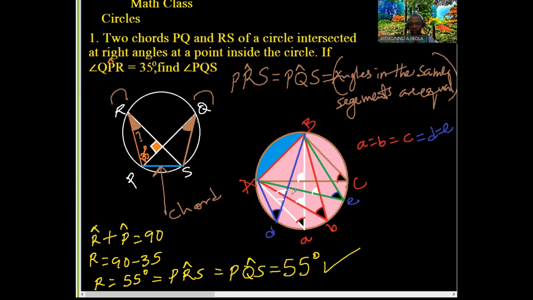Yes, sir. See all these angles I marked with white at the center. They are not part of the angles we're talking about that are equal, okay? I now mark them in yellow. They are not part of those angles. But the ones at the circumference are the ones that the theorem holds for, okay? Is that clear? Yes, sir.